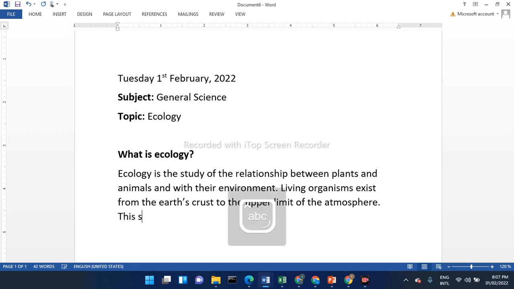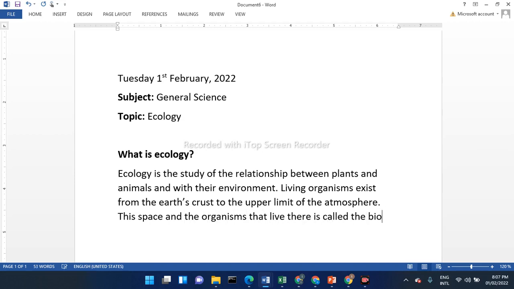Now this space and the organisms that live there is called the biosphere.